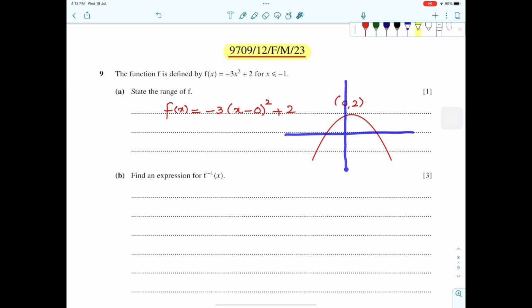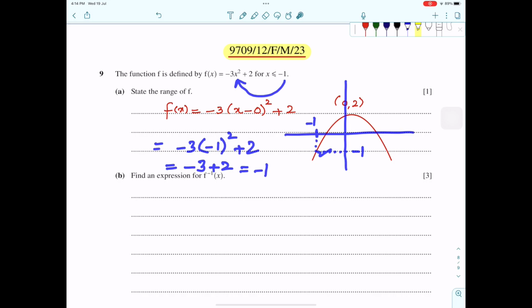For example, if you have a graph like this, and this is the value on x-axis, which is -1, when you plug this value in the original function, you will get the corresponding value, and that is -1, because -3 plus 2 will give you -1. That is the value of y.